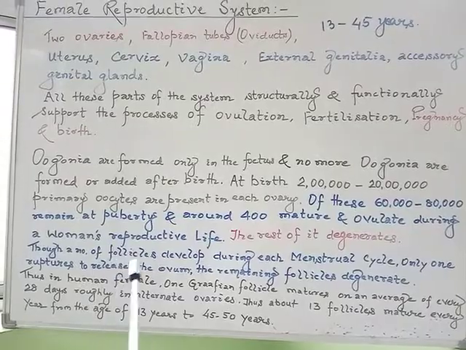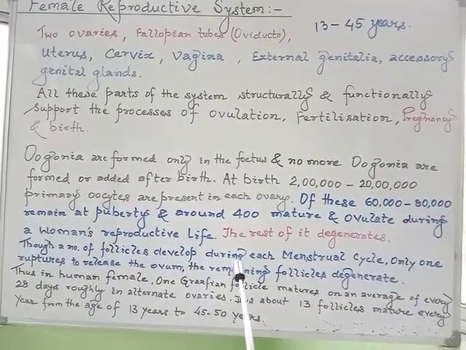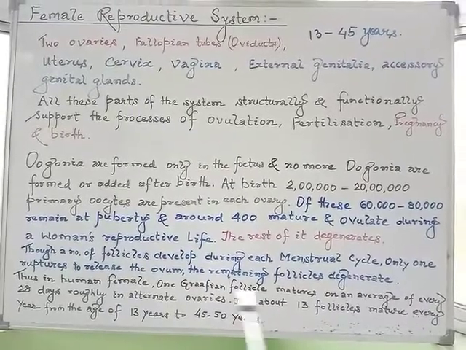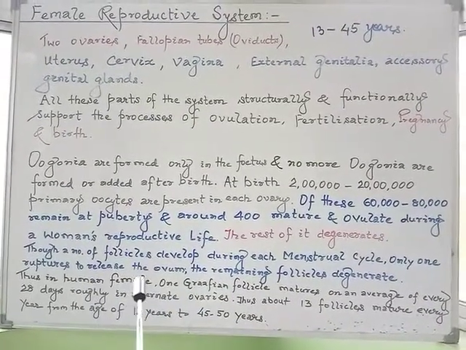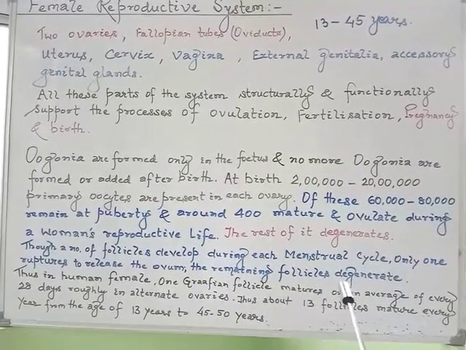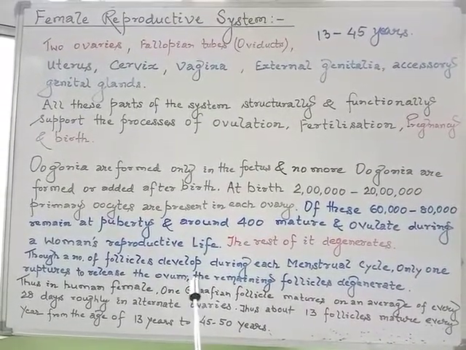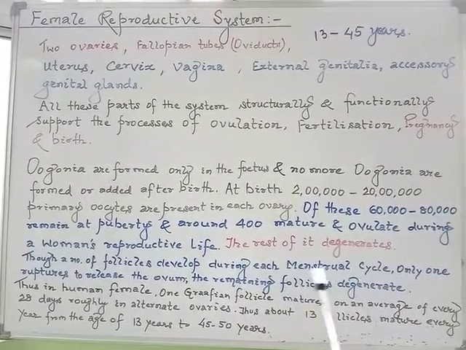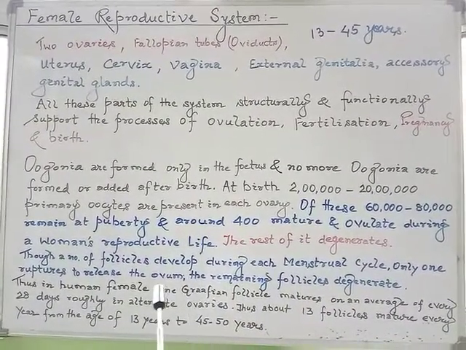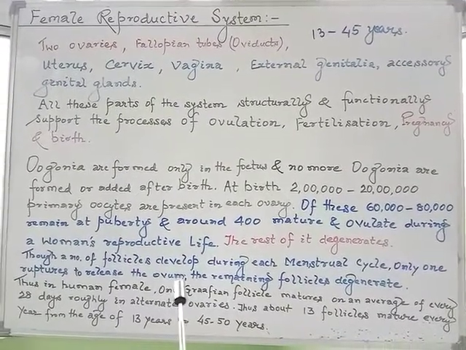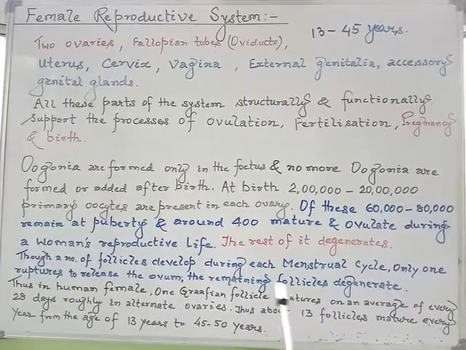Though a number of follicles develop during each menstrual cycle, only one ruptures to release the ovum, whereas the remaining follicles degenerate. So, during each menstrual cycle, a number of follicles develop, but only one ruptures to release the mature ovum, whereas the others degenerate.